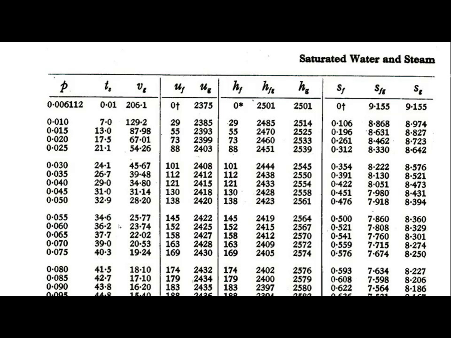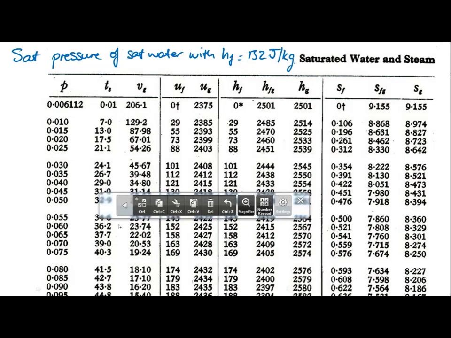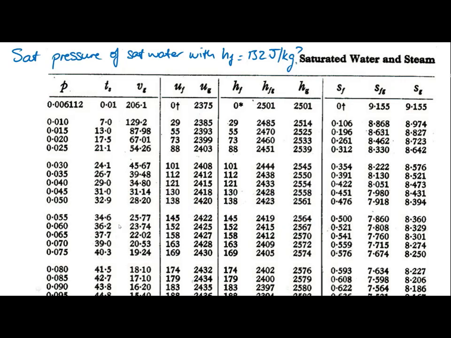We'll do a second example, working back in the other direction. If we are given the enthalpy and we want to work out, for example, the saturation pressure, we can also do that. Here we'll try and find the saturation pressure for liquid water where the enthalpy is 132 joules per kilogram.